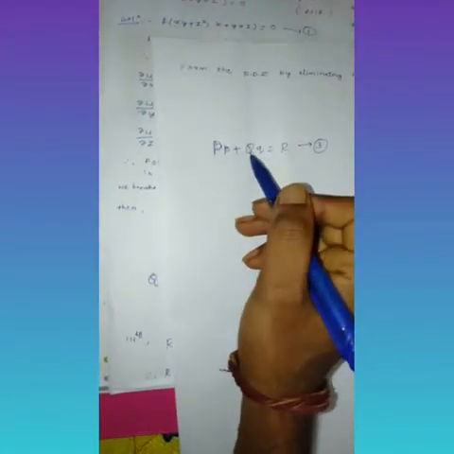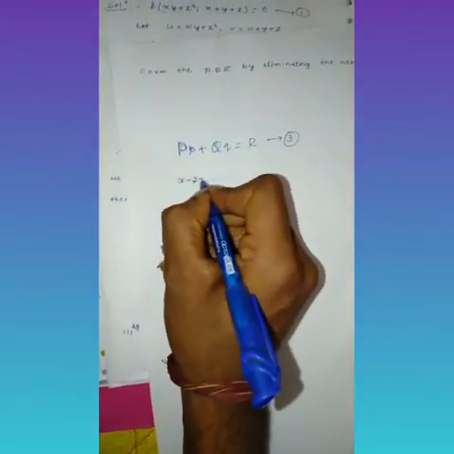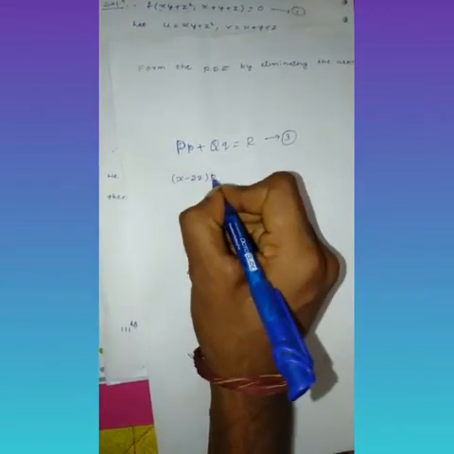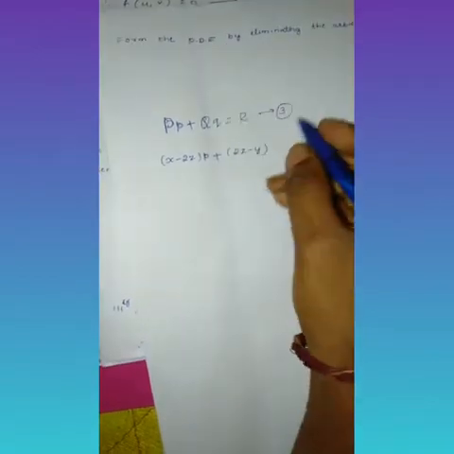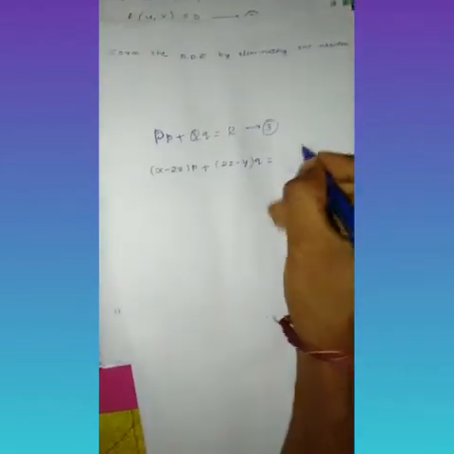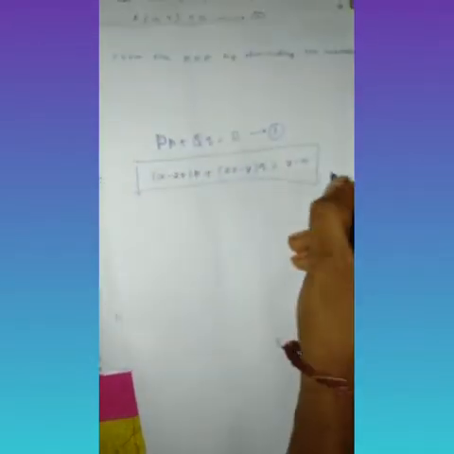Substituting, capital P value is x minus 2z small p plus capital Q value is 2z minus y small q, and capital R value is y minus x. This is the required partial differential equation. Thanks for watching.